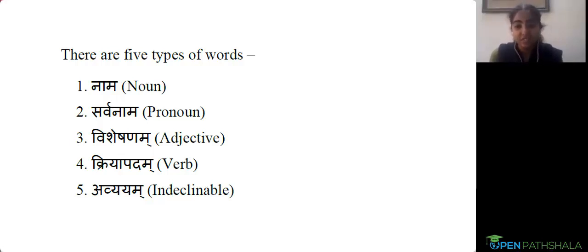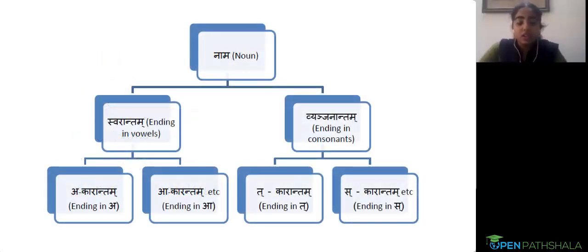Out of these 5, we'll be seeing the first concept, that is the noun, Nama. Now, the nouns in Sanskrit, depending on the letter in which they end, are classified into 2 types, Swarantam and Vyanjanantam.